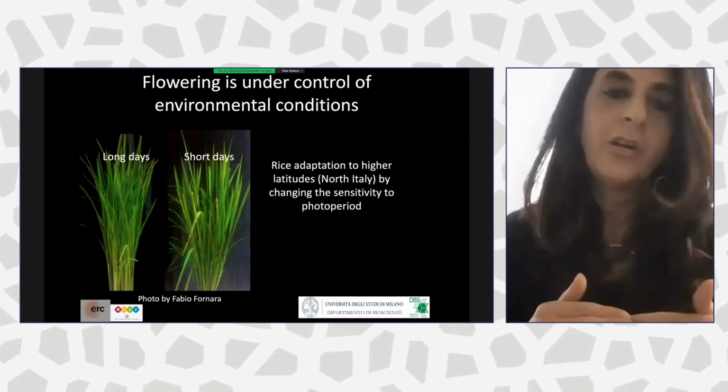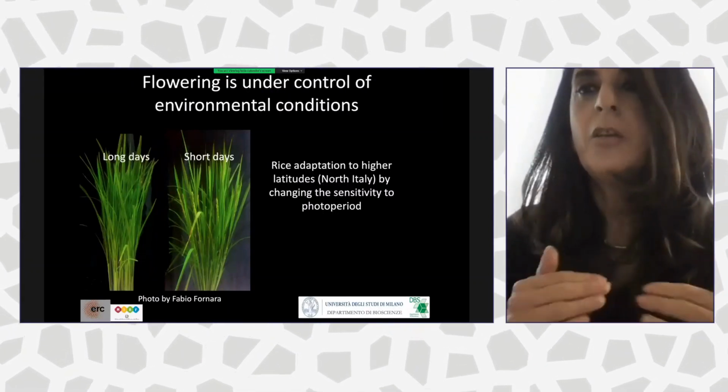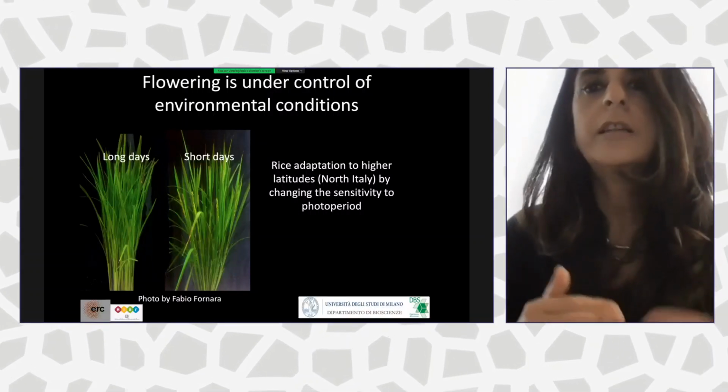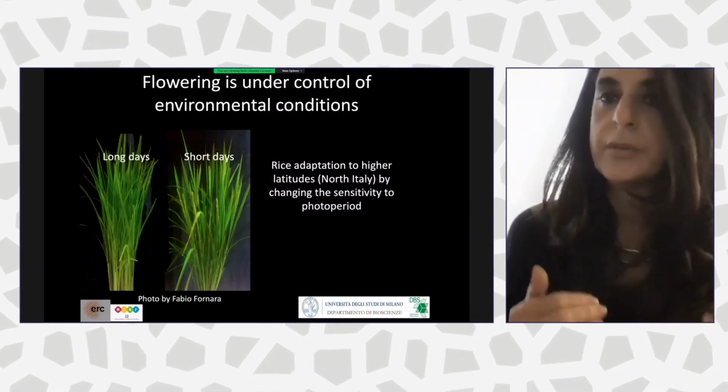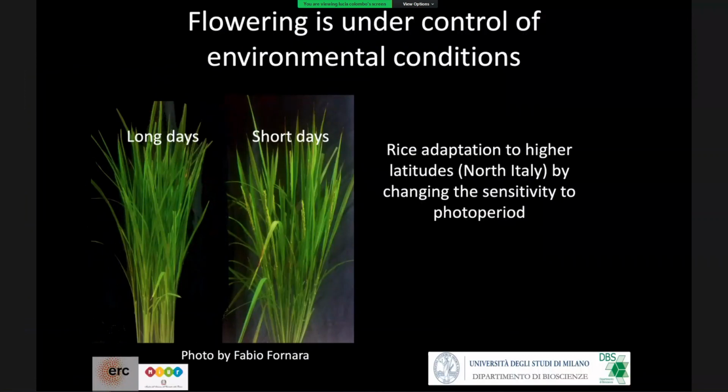This switch is controlled by an extremely complex genetic network interacting with environmental clues, for instance temperature, vernalization, photoperiod. Here is an example. Rice is a typical tropical plant, which normally flowers under short day condition, as you can see in this slide.